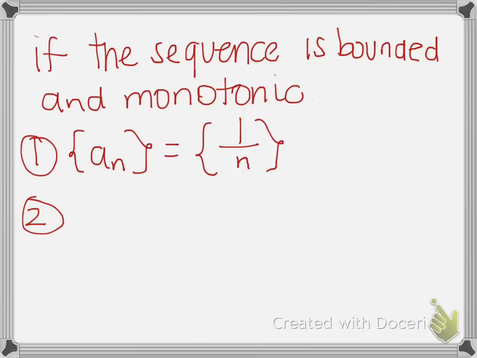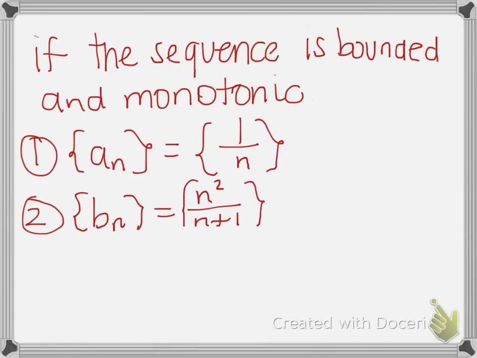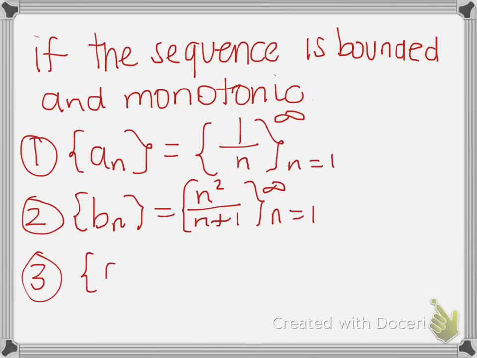Number 2: b sub n is n squared over n plus 1. Number 3: c sub n equals negative 1 to the n. All of these go from 1 to infinity, just to keep it simple.